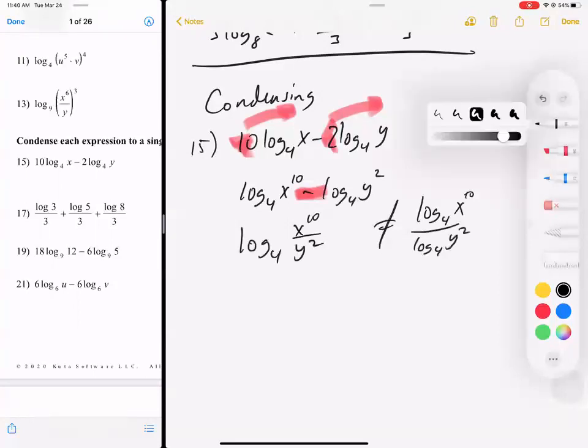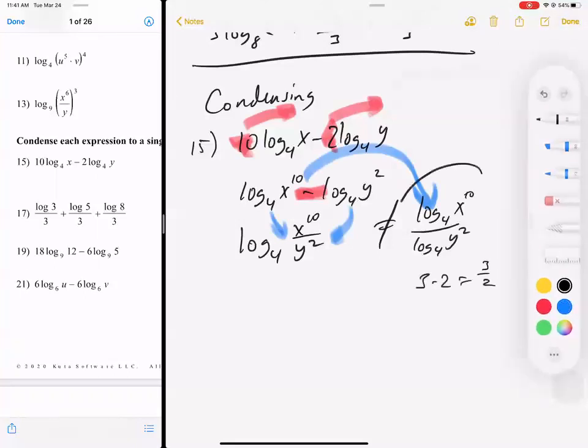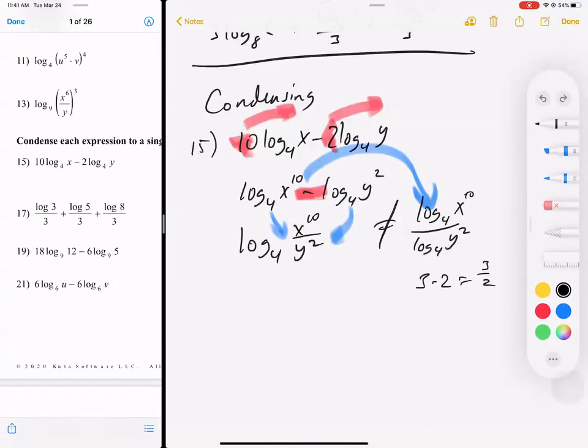In what world does subtraction become division? You can't just say, in basic math, 3 minus 2 is the same as 3 over 2. That's what you're saying back here. So that's why this doesn't work. I'm going to highlight this with the red. This is all bad.